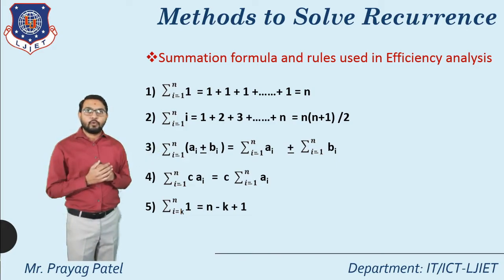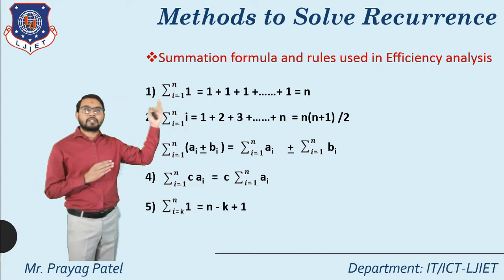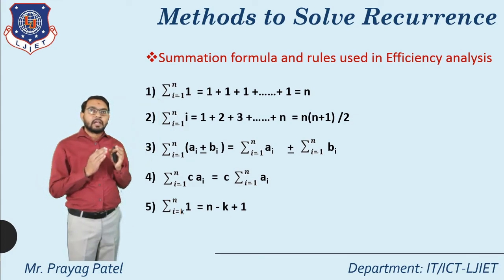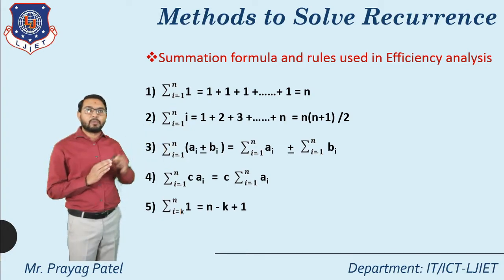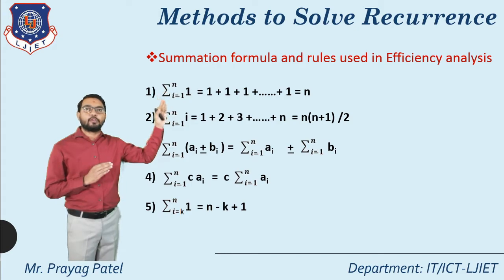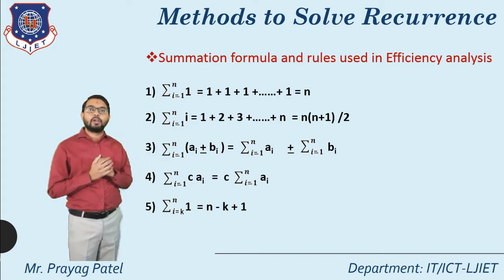So, summation formulas and rules used in efficiency analysis. The first equation is sigma i equal to 1 to n of 1. We perform the addition of the number 1, n times: 1 plus 1 plus 1 up to n times. The total is n, so according to the first formula, sigma i equal to 1 to n of 1 equals n.